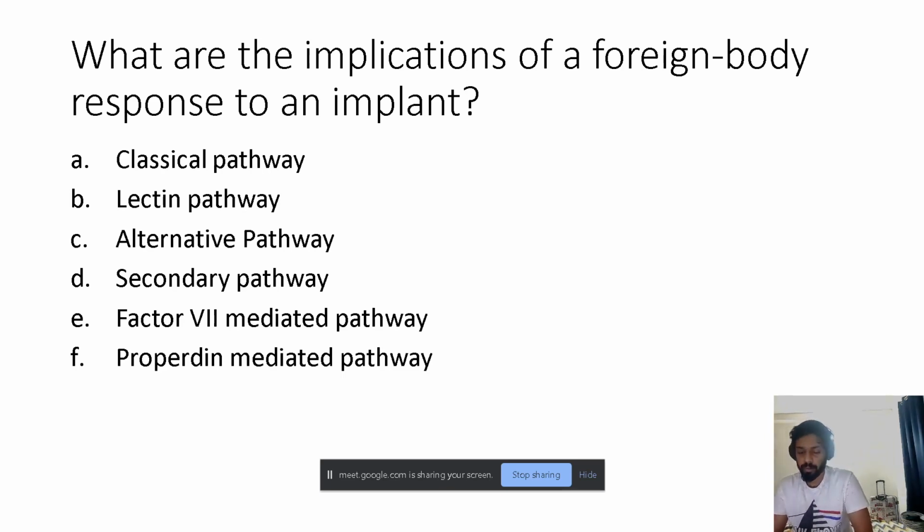Actually, it activates the alternative pathway. Fairly straightforward. The alternative pathway is where surface contact is necessary for the pathway to get activated. So the alternative pathway is what gets activated.